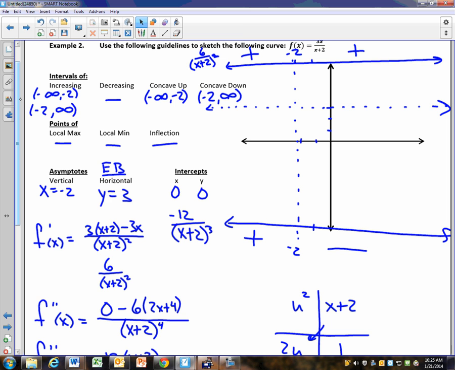We know we have x and y intercepts that happen at 0 and 0. So you tell me, let's look at the second part of the graph. Will the second part of the graph be in the top portion or the bottom portion? Bottom, because I know it passes through 0, 0. So therefore, it must follow this asymptote, pass through 0, 0, and then follow that asymptote.